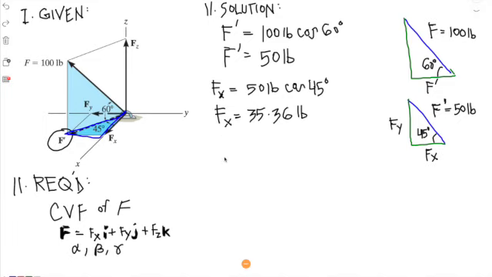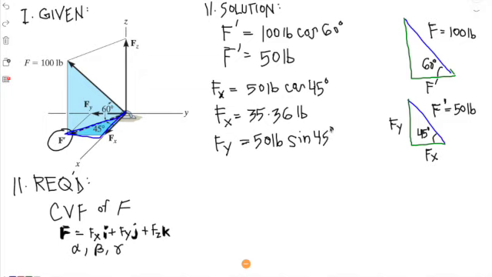And we have Fy equals 50 pounds, it's the opposite side, so that's sine 45, but we all know that will be the same, sine 45 and cosine 45.